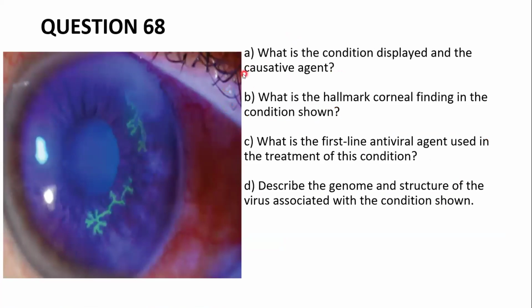So what is the hallmark corneal finding in this condition? First line antiviral, and then describe the genome and structure of the virus associated with this condition shown. What is this?